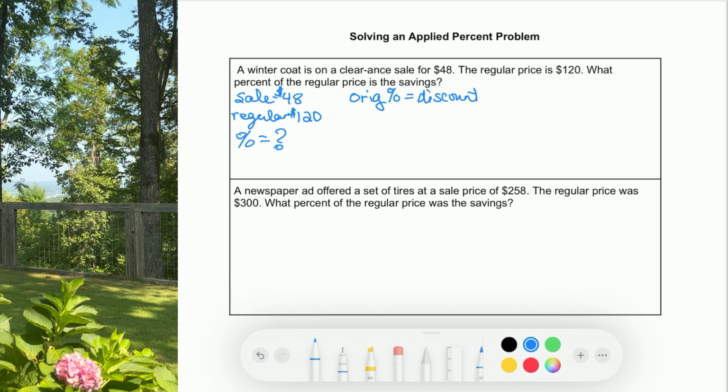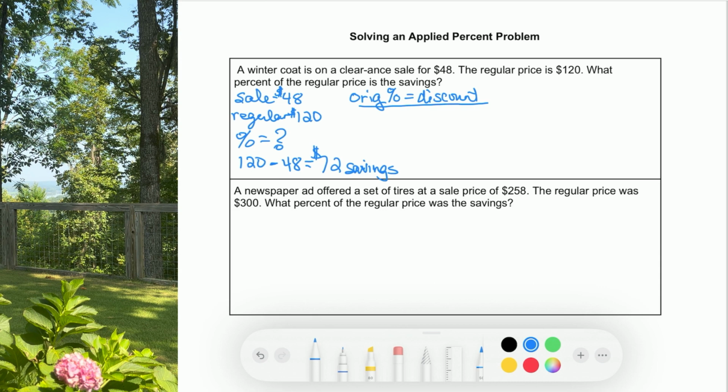But we need to know the discount to plug in because we're actually looking for the percent. So I need to take 120 minus 48, which gives us $72 in savings. Okay, that was the discount. That was the amount that was taken off.